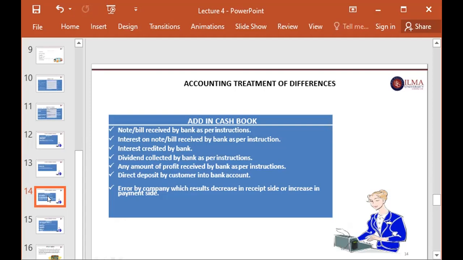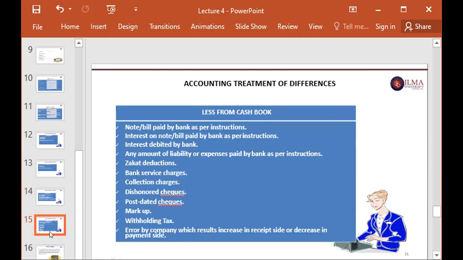Next, dividend collection by the bank as per the instructions, or any amount of profit received by the bank as per the instructions. Very important, a direct deposit by a customer into your account, or an error by the company which results in a decrease in the receipt side or an increase in the payment side, will be added in the cash book.